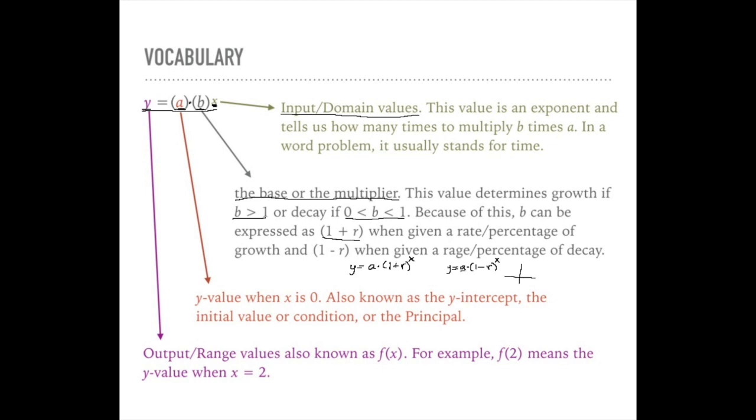In a graph, we expect those values that are decreasing to be going down. And on a graph of growth, we expect those to go up. Notice that I started with 0, 1 as my intercept. And we'll talk a little bit more about that when we talk about a.